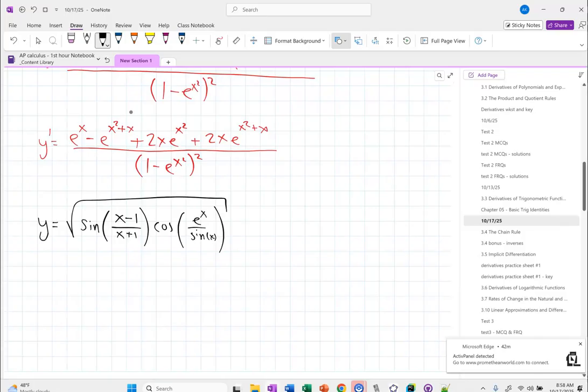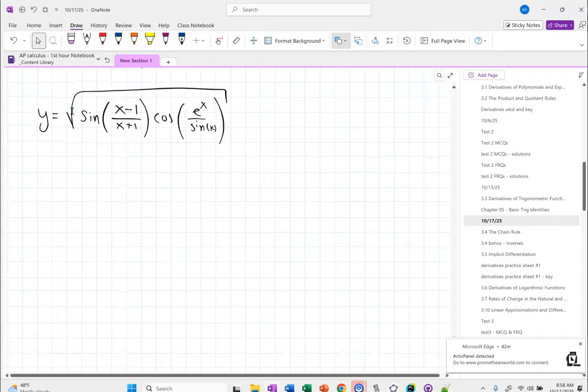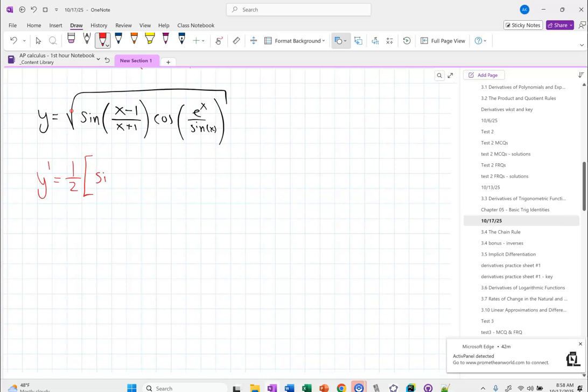All right. Let's start peeling back the layers here. So the first layer is the outer chain rule.